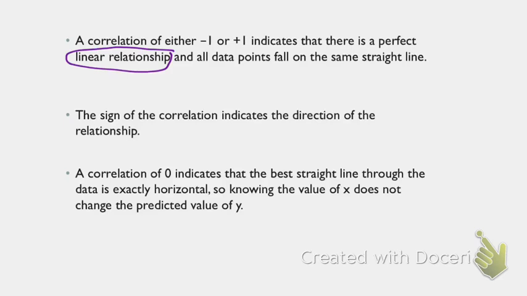So if I took a sample and surveyed husbands and wives, and I found out that every single husband is exactly their wife's age plus 2 years, so they're all exactly 2 years older than their wives, that would be a direct, perfect line. A correlation of 1, exactly. Because every single person that I surveyed, their husband was 2 years older than the wife. Oh, that's why. Y equals X plus B. Exactly.